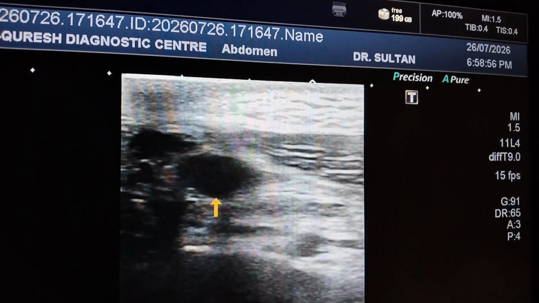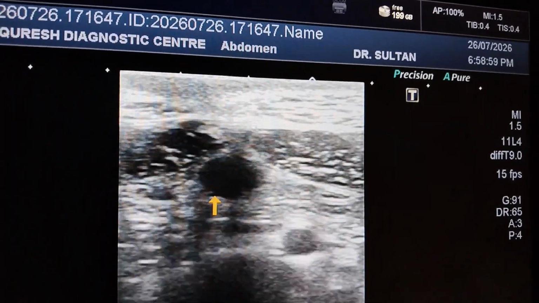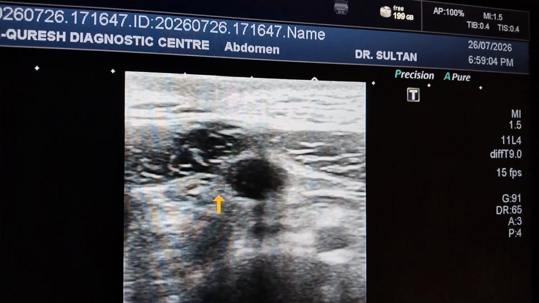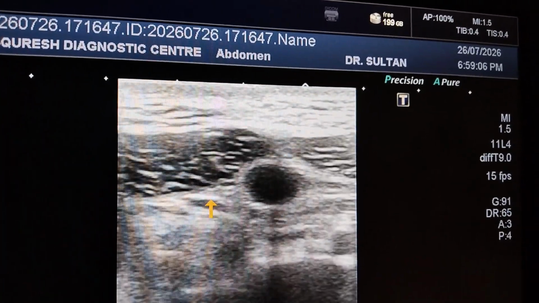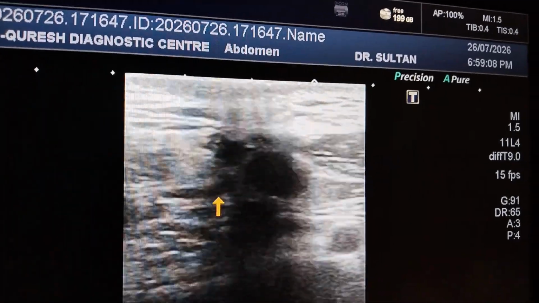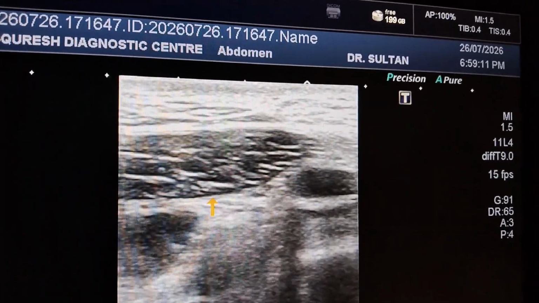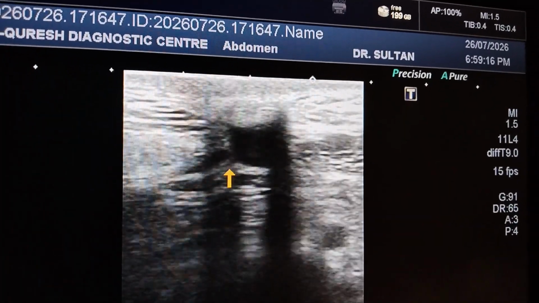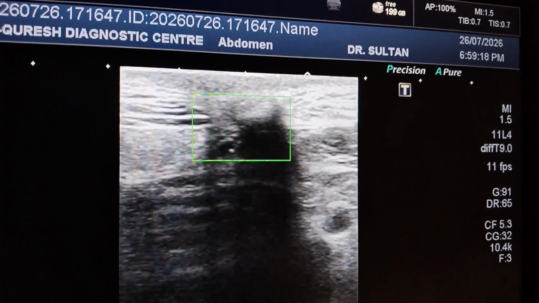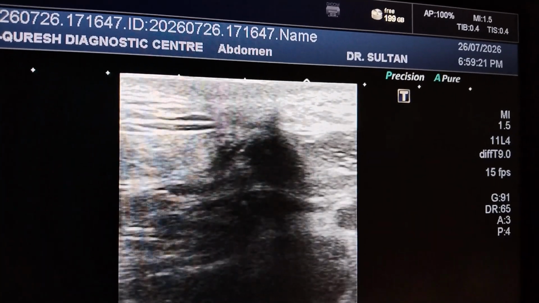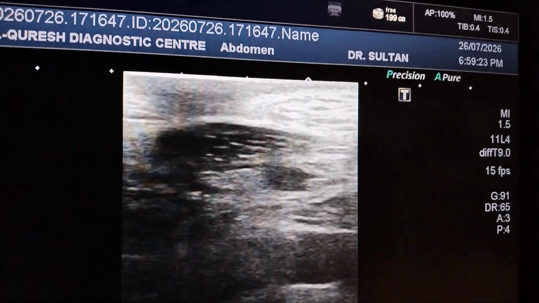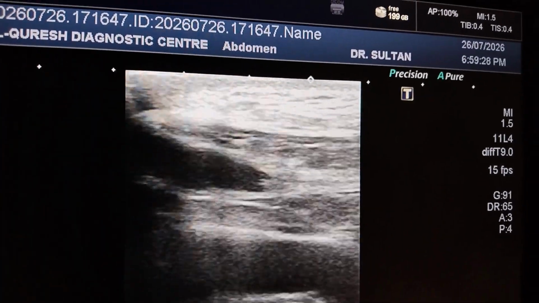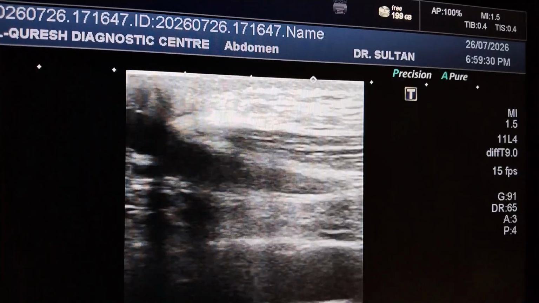So as the tract is present, and we have seen the pathway of the tract, that is from the umbilicus to the urinary bladder, no other differential we can say, such as omphalitis, because in omphalitis discharge may come, but now we have seen the sinus tract, so our diagnosis is established, that is the urachal sinus.